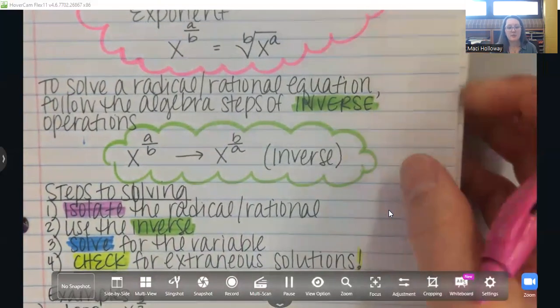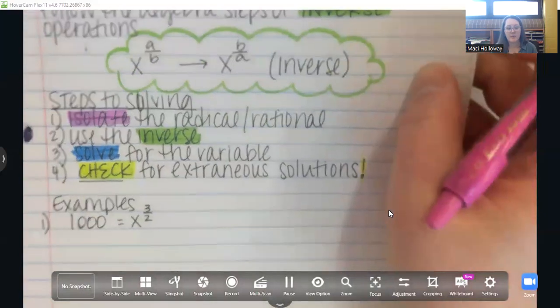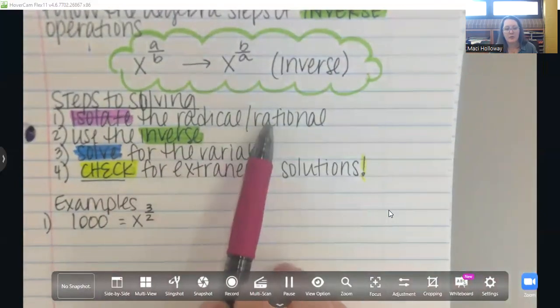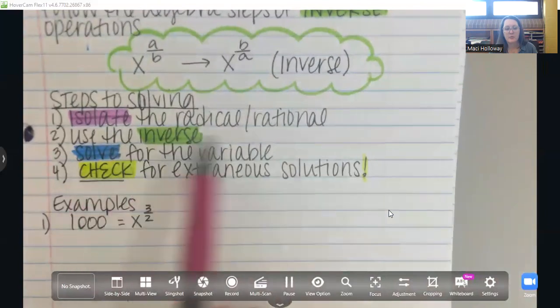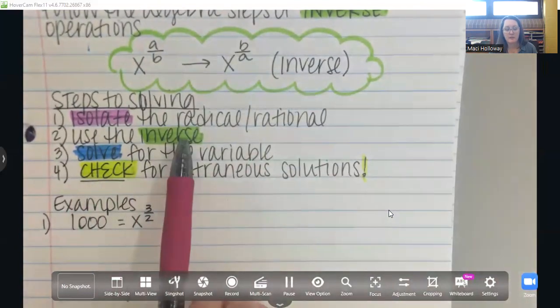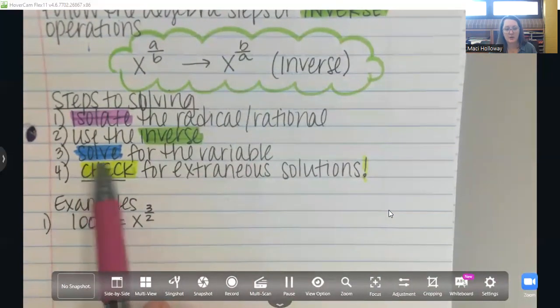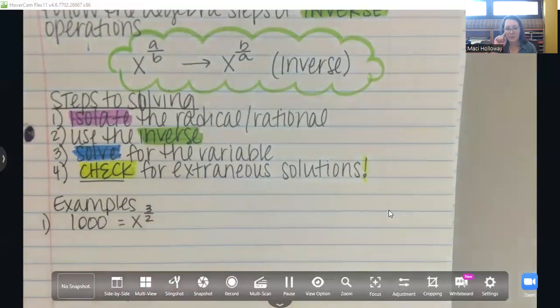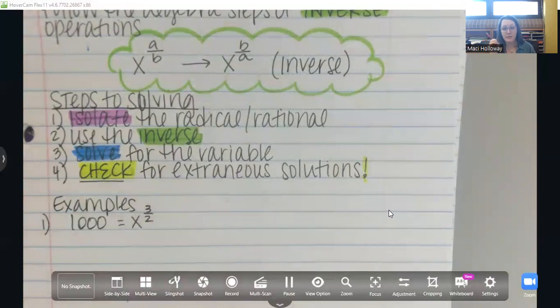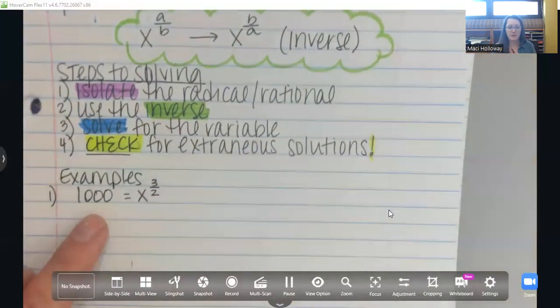Steps to solving: number 1, isolate the radical or rational exponent. Use the inverse. Solve for the variable, and then check for extraneous solutions. In this unit, we're going to have extraneous solutions, so we need to make sure that we label those solutions as extraneous.